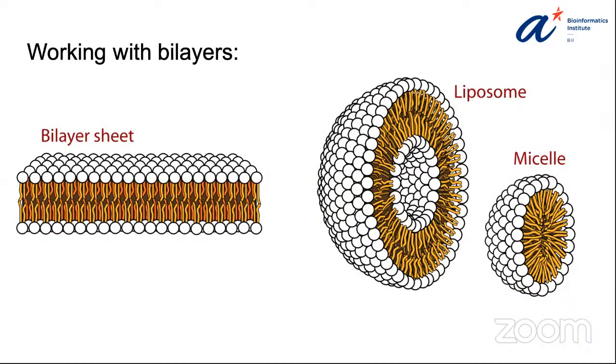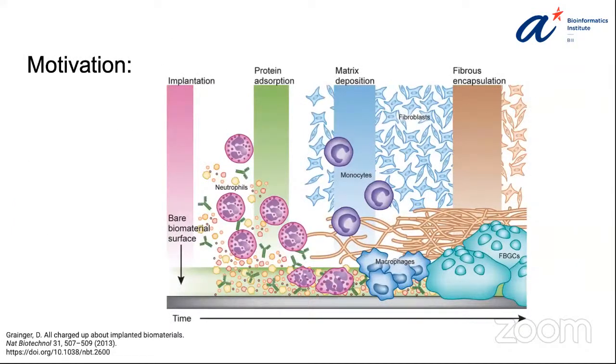Okay, but why do we want to study membranes? So for example, if you look at this figure at the bottom here, this gray is a biomaterial implant. So it might be a hip replacement, it might be a shoulder replacement, it might be plates inserted into your body to mend broken bones, or it might be a dental implant.